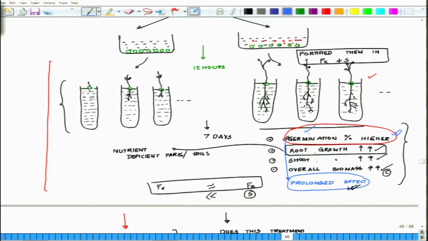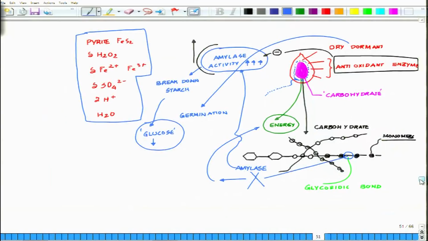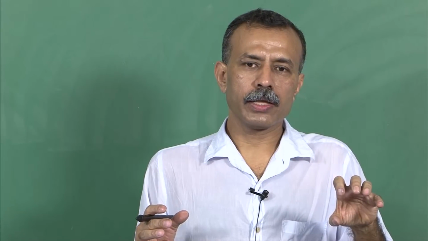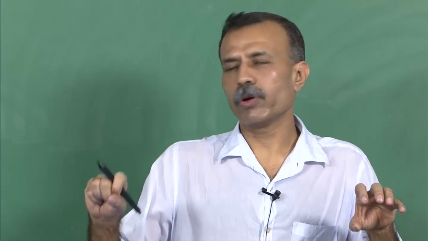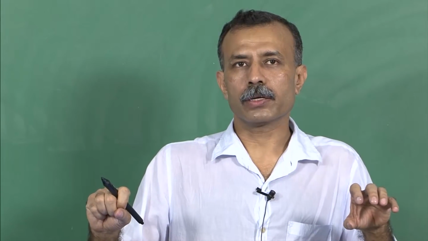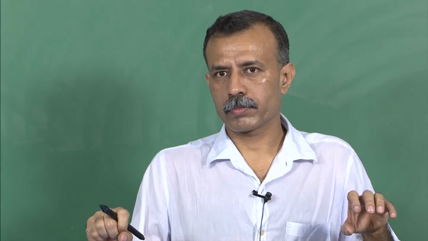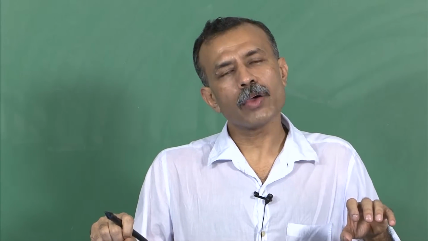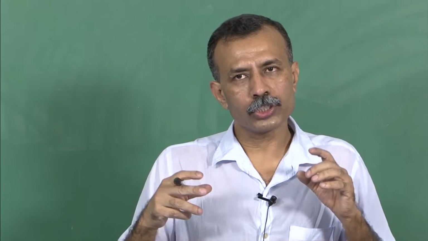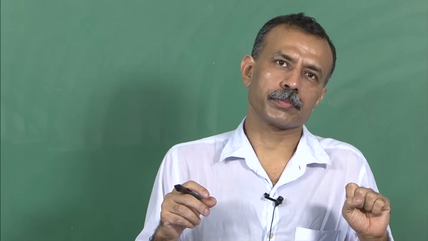So, how is this material acting? Let me give a situation. I am breaking a starch, you are breaking a starch. But if I break a starch faster than you, then I will be harvesting more energy faster than you.